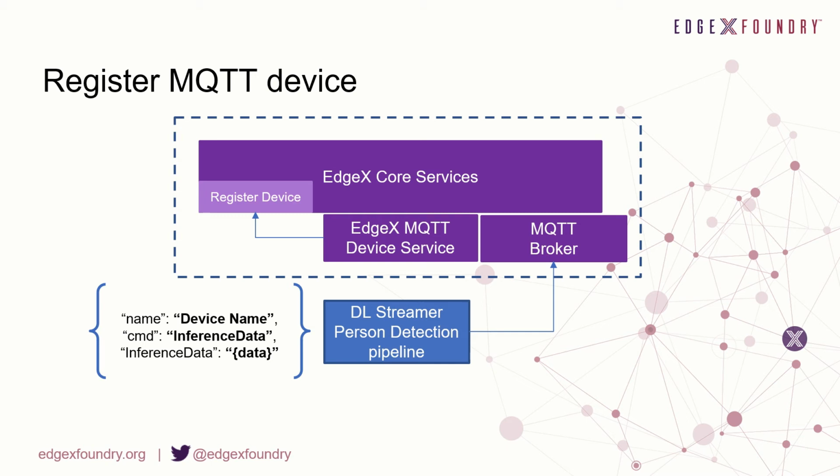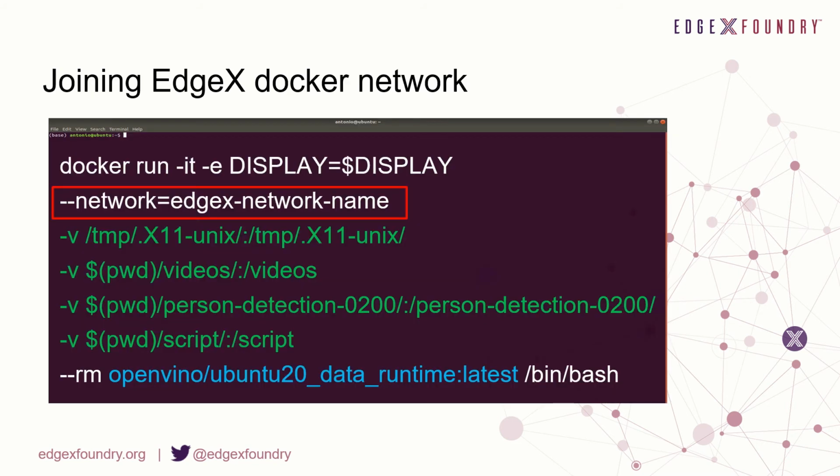So in the next slide, I'm going to show you how to connect this pipeline that we just created into the EdgeX network. Joining the EdgeX Docker network. This is the previous Docker command that we created. In order to communicate with EdgeX, we need to join the EdgeX network.